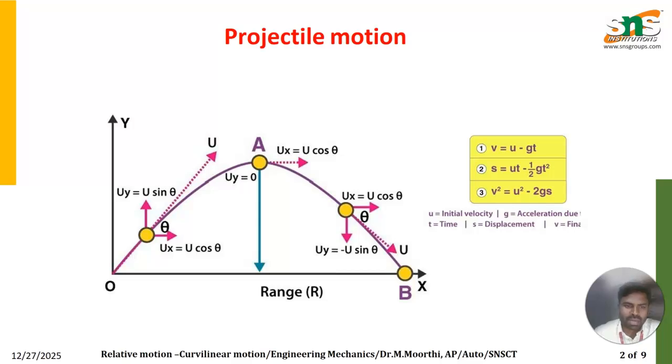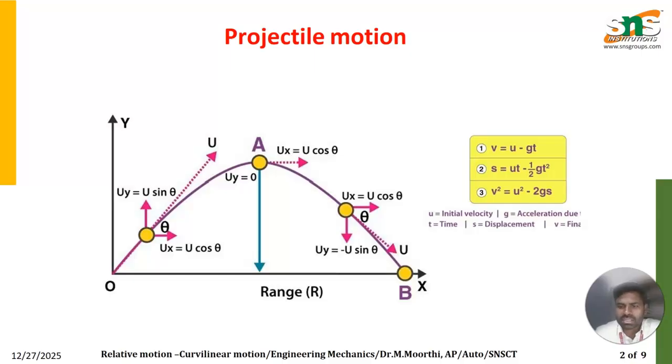The point between O and B is the range. The range is the distance between where the object is projected and the point where the object hits the target. You can take it as from O to B. Here uy is the final velocity at which the object strikes the target.